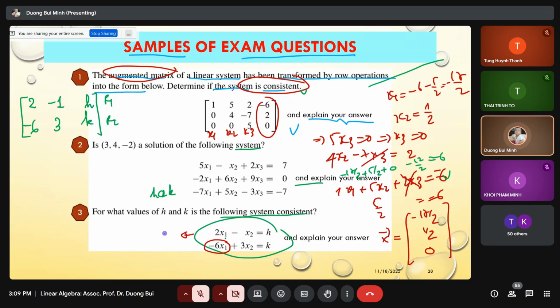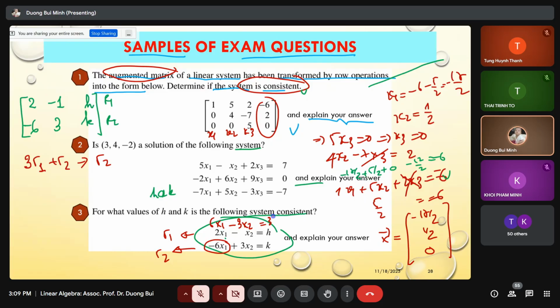This is R1, this one is R2. So if I multiply R1 by 3 and then add R2, replacing R2, you get 6x1 minus 3x2.